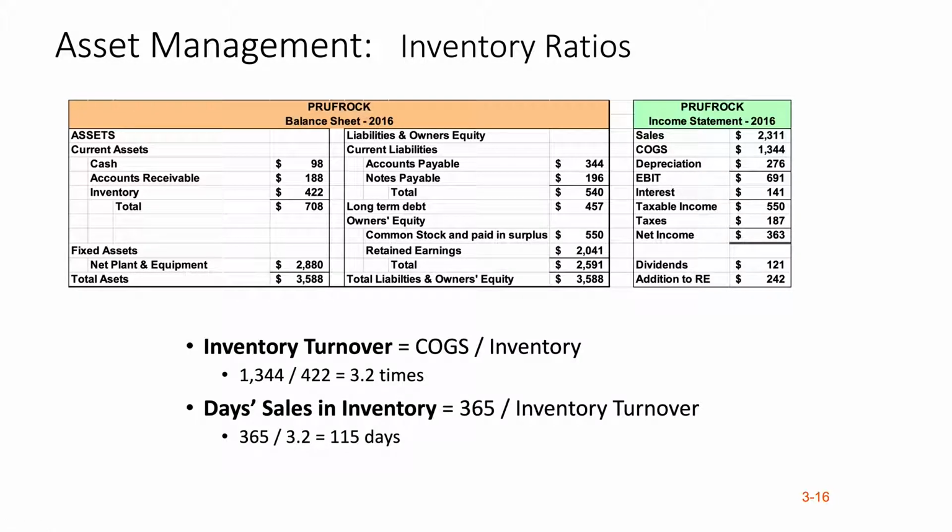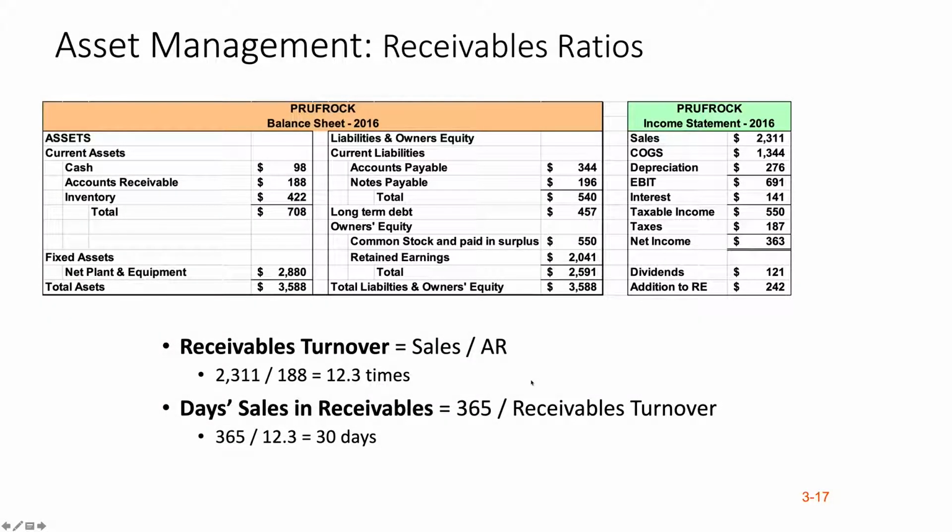Right. The other ratio is the receivable ratio. Receivables is when you're selling on credit, how much you collect, how fast you collect. Sales divided by accounts receivable is 12.3 times. How many days? On average, the receivable turnover is about 30 days. In other words, it's about 30 days until you get your money paid back.